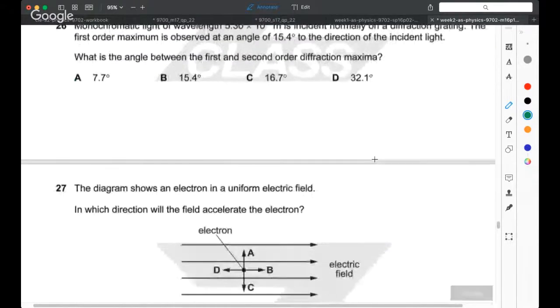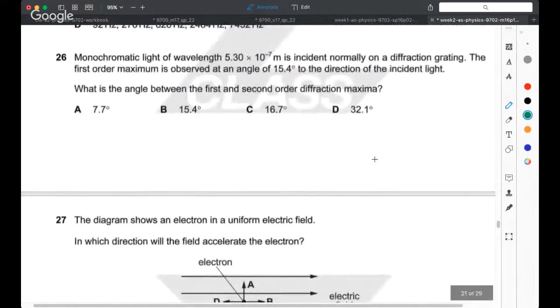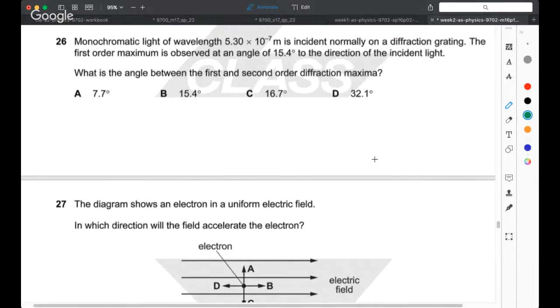Let me take this one. I remember all the equations, so the first and second harmonic. So 26. So you have a monochromatic line going on.